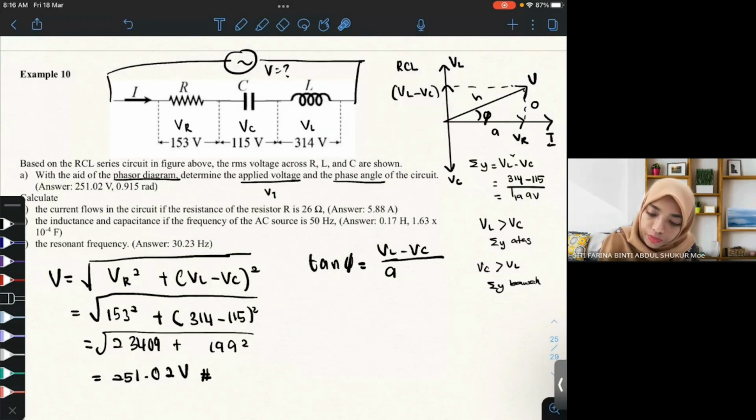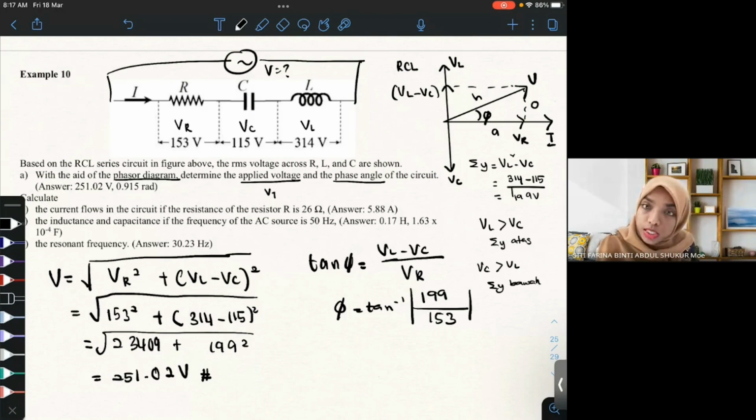And then adjacent kita pula adalah this part here, VR. Okay, right. VR. So kita nak phase angle saja. Shift tangent VL minus VC 199 over VR adalah 153. Selalunya ini modulus je lah. Because we are looking at the first quadrant only.